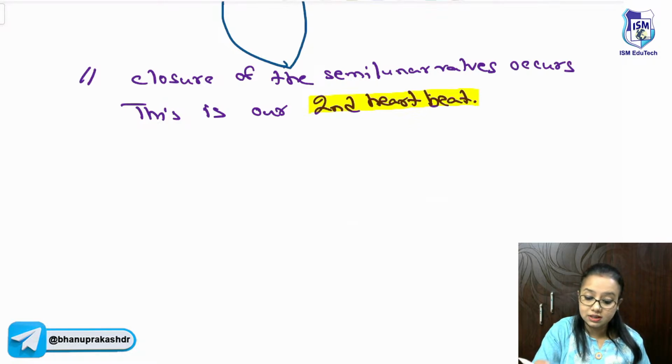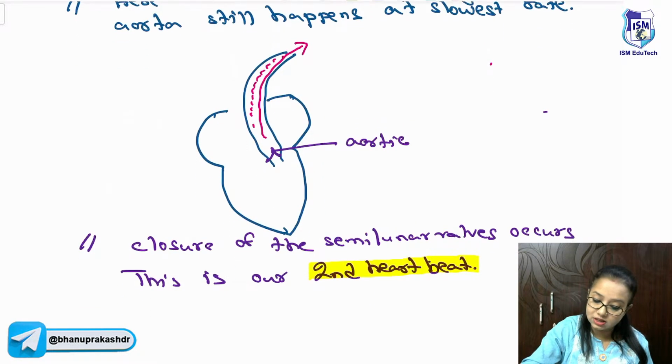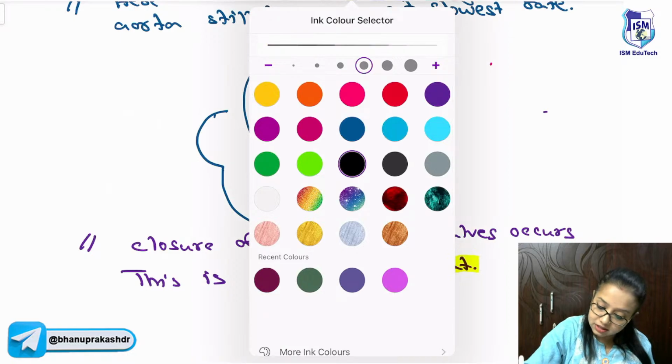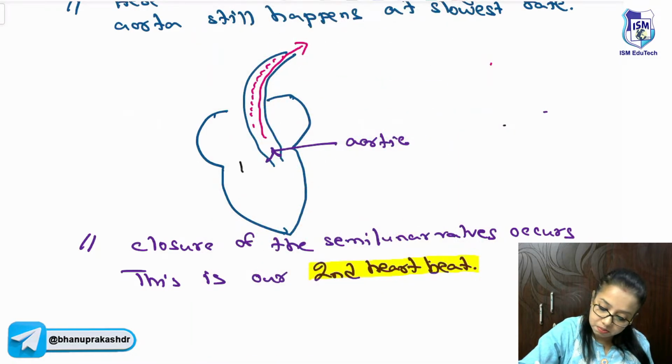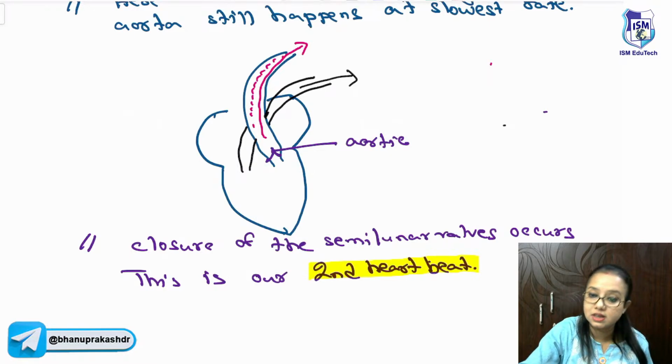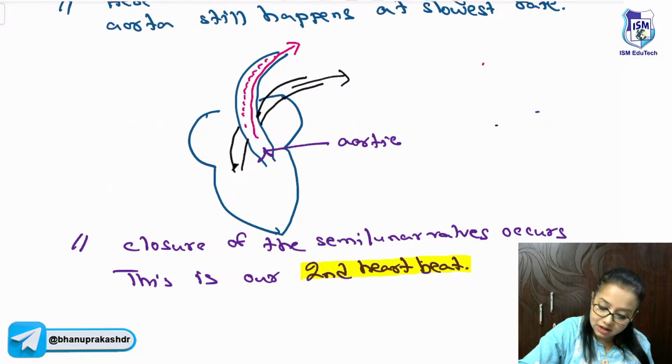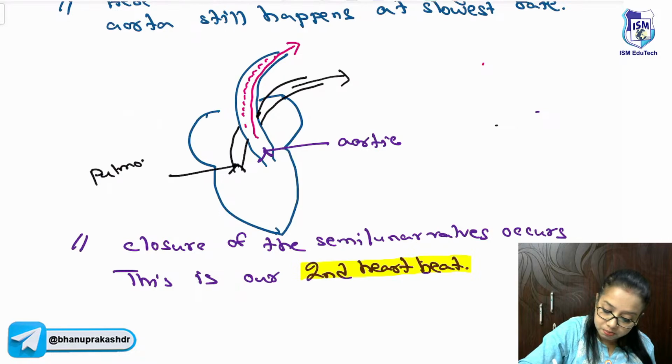Now, don't think that it's only the aortic valve that closes. On the right side, from the right ventricle, the pulmonary artery carries the blood to the pulmonary circulation, and here also the pulmonary valve closes.